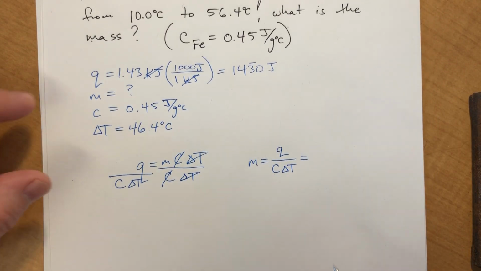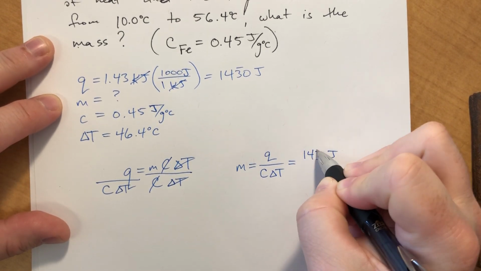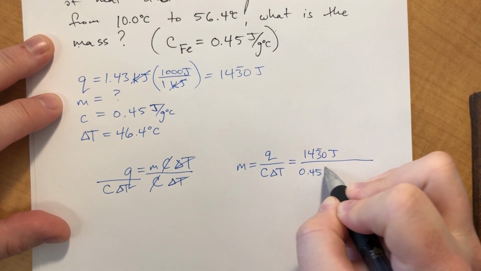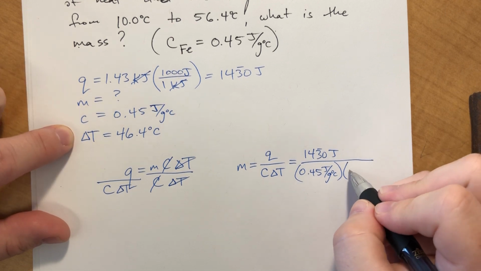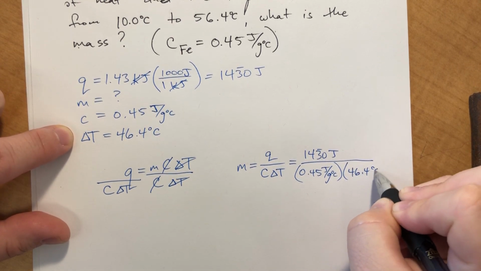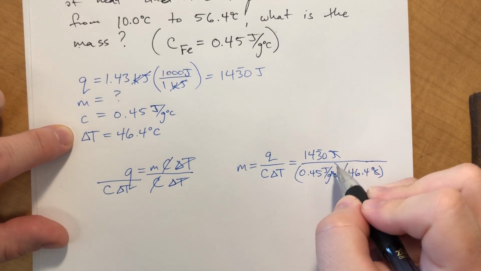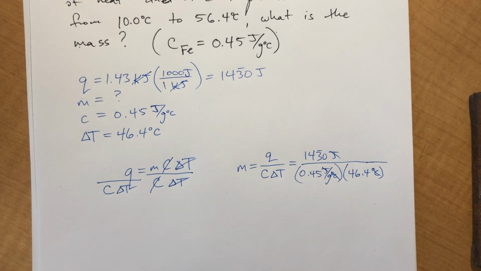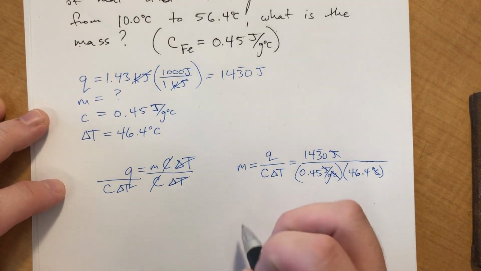So we have all those variables, we just plug them in. So this is 1430 joules divided by 0.45 joules per gram degree Celsius, and the temperature change is 46.4 degrees Celsius. Our degrees Celsius cancel out, our joules cancel out, and we have 1 over 1 over grams, so the inverse of the inverse gets you grams.